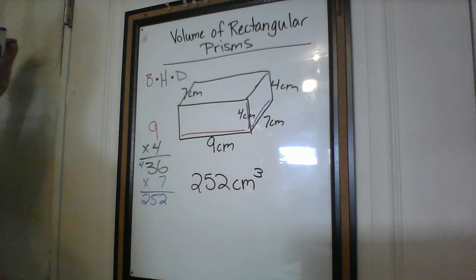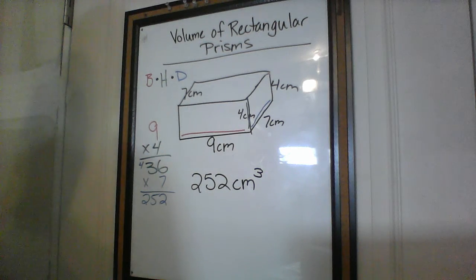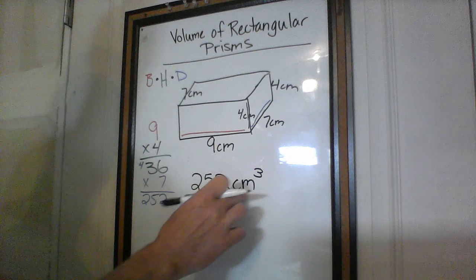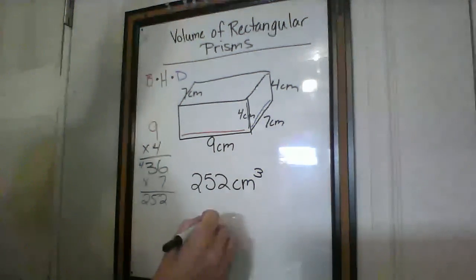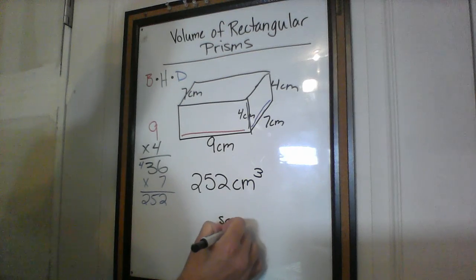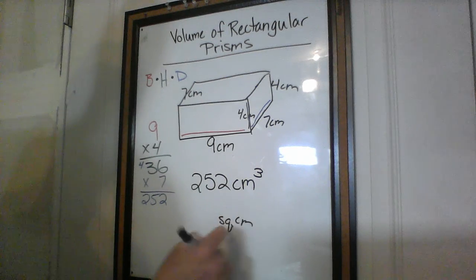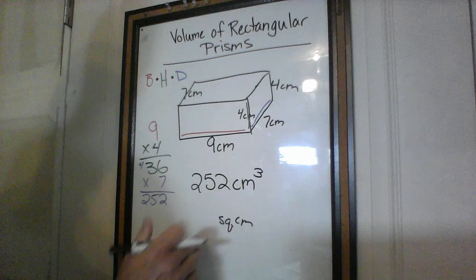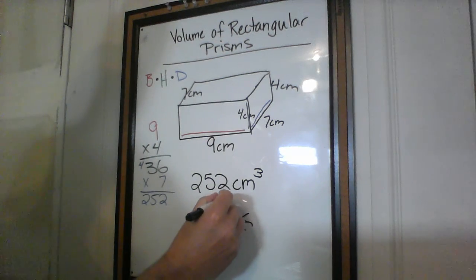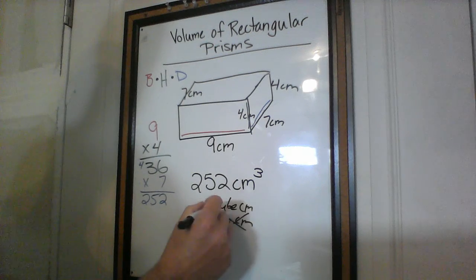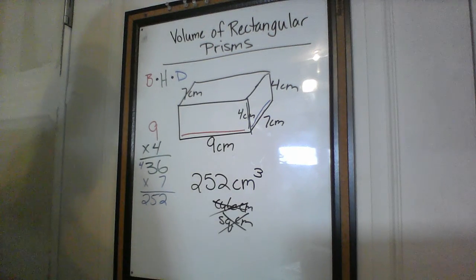When we are doing this type of math with volume, we are going to have centimeters cubed. We're not going to write like we would with area. We could do square centimeters. We're not doing that up here. We're not doing cubed centimeters. Nope. It is going this way.